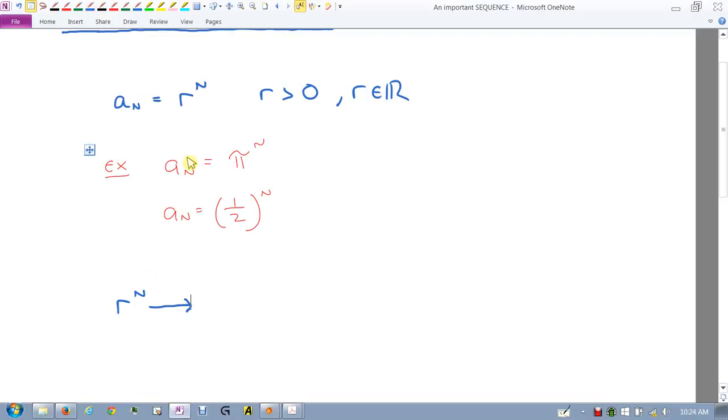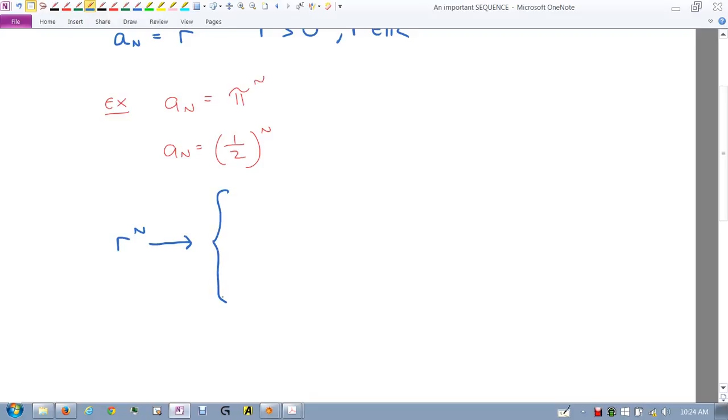If the base is a number like pi, bigger and bigger powers are going to get bigger, but if it's a number like 1/2, bigger and bigger powers get smaller. So what r to the n converges to depends solely on what r is. We have two different scenarios. It'll go to infinity if r is greater than or equal to 1, and it will go to 0 if r is between 0 and 1.